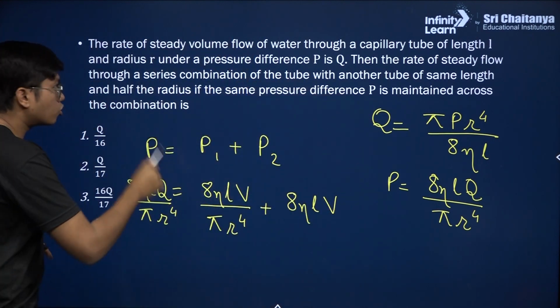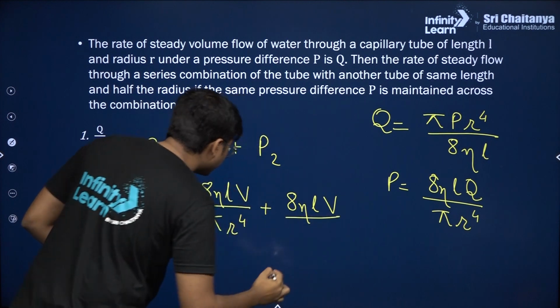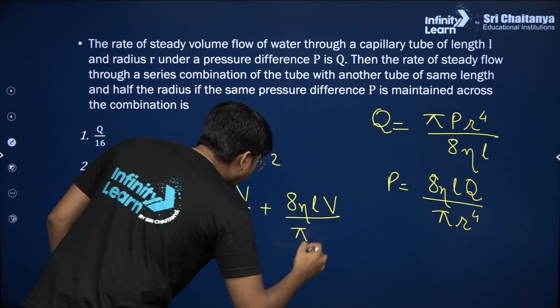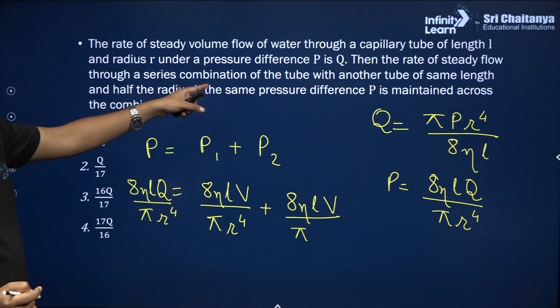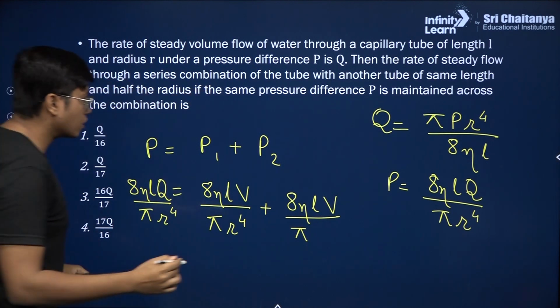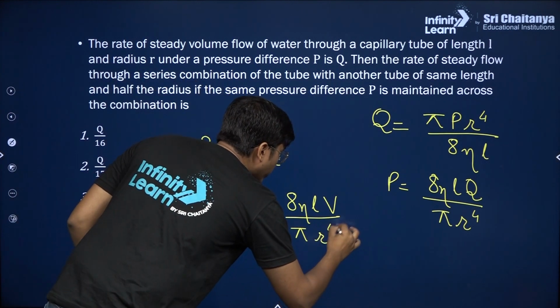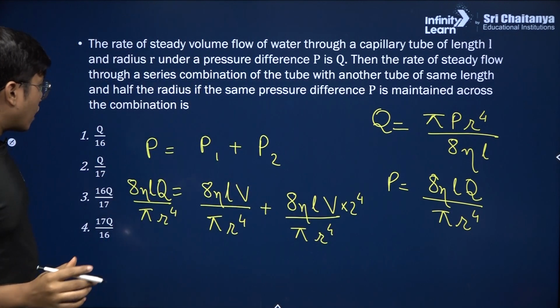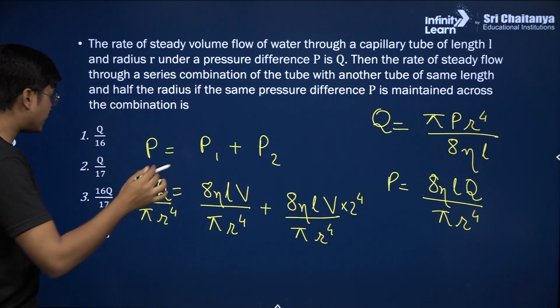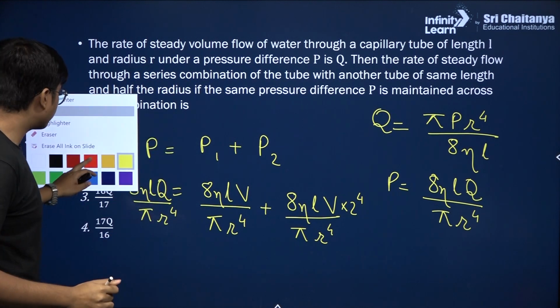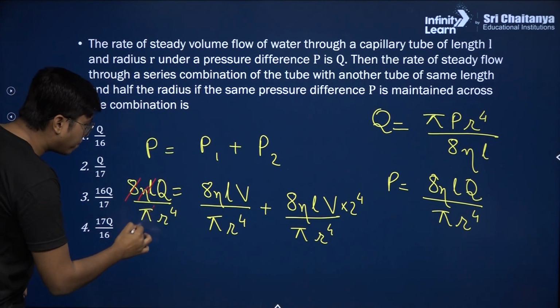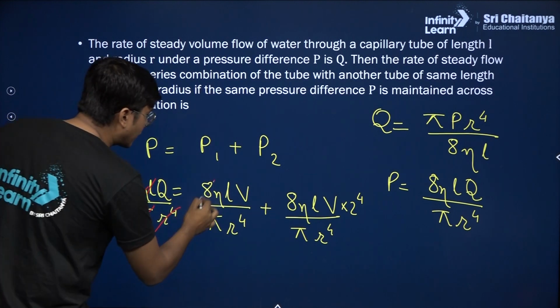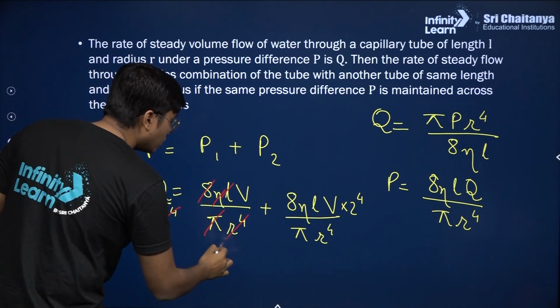So the flow rate needs to be the same in each of them individually, divided by pi r by 2 to the power 4 because it's half the radius, which means it becomes r to the power 4 here and 2 to the power 4 up here. Now once we see this, we'll see that most of the terms are going to cancel themselves out. You have 8 eta L pi and even r to the power 4 cancelling out, right?